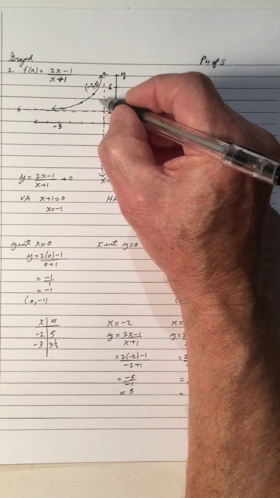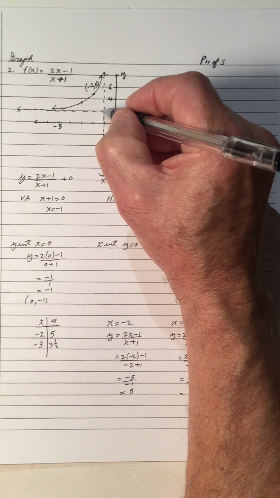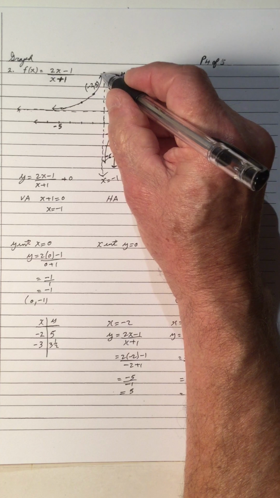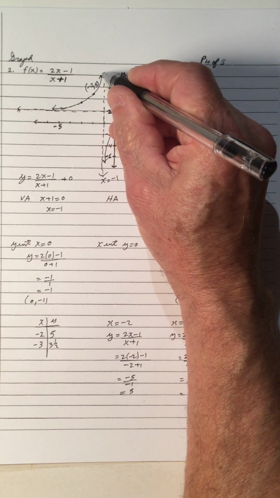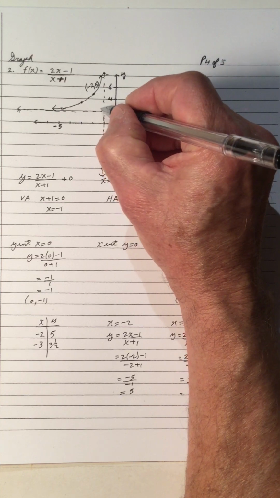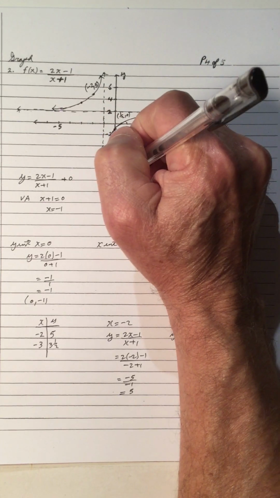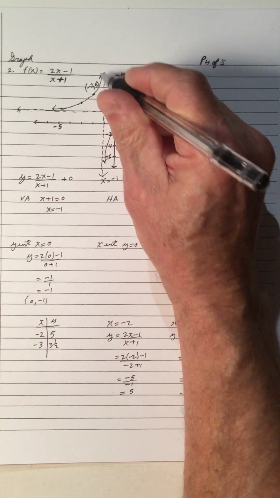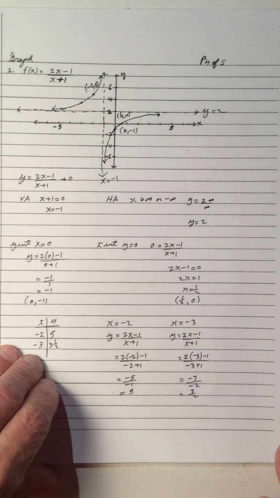Remember, it can't cut through the vertical asymptote, so the closer and closer you get to -1, the closer and closer it gets to x equals -1. So the closer I get here, this goes higher, and it's going to infinity on this side, and it's going to negative infinity on this side.